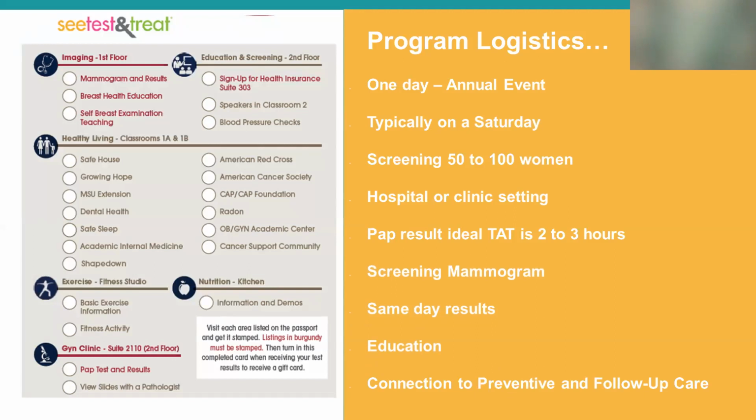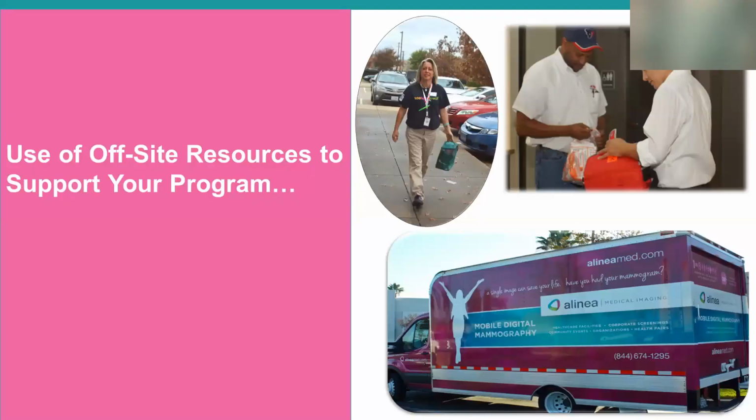That would include additional cervical procedures such as colposcopy and LEEP, FNA, ultrasounds for suspicious breast lumps, and additional diagnostic mammogram views. This one-day approach effectively addresses barriers encountered by uninsured women faced with health disparities, those who have little or no access to preventative care, and also provides a medical home for the future.